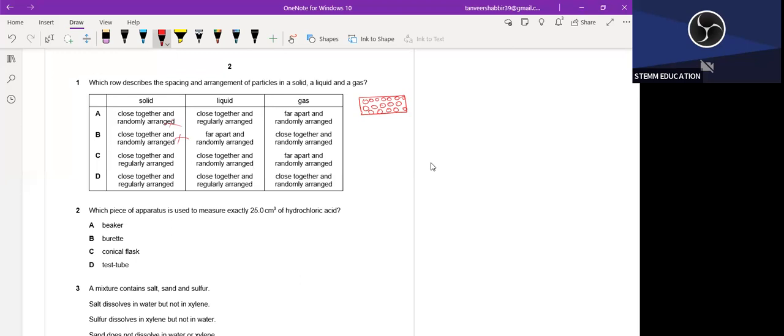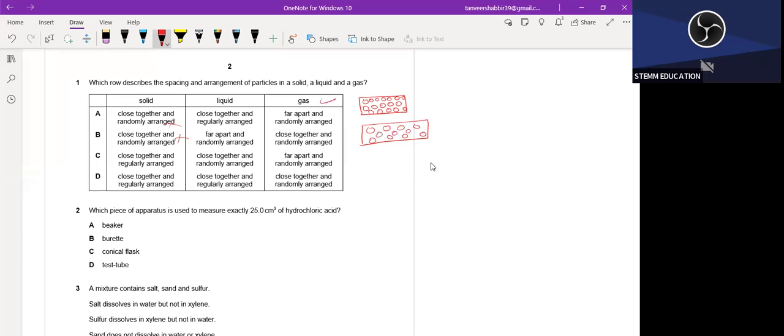Now, in a liquid, atoms are not as close as in a solid, but close enough, unlike a gas. So we can say that in a liquid, atoms are close together but randomly arranged.